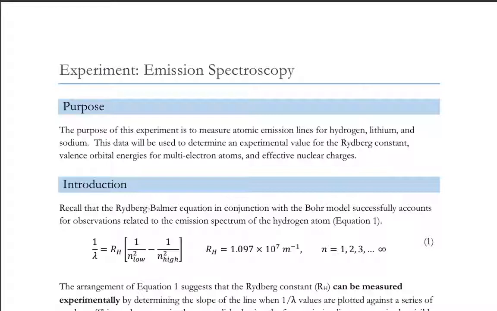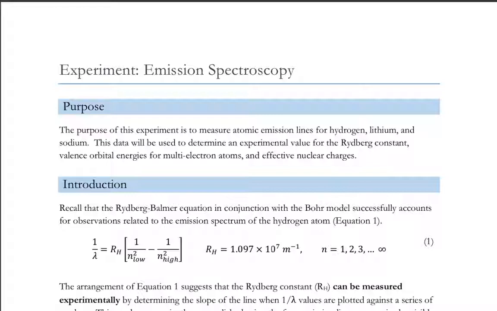The Bohr model, recall, is delta E equal to negative 2.178 times 10 to the minus 18 times 1 over n high squared, or n final squared, minus 1 over n initial squared.